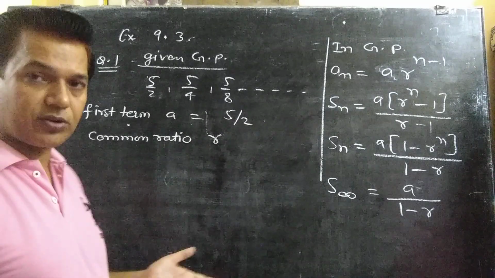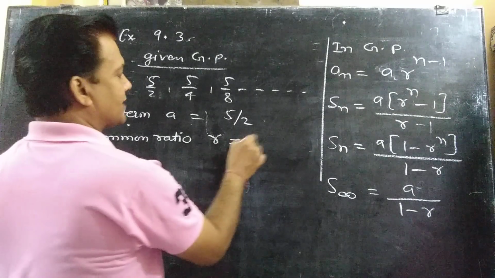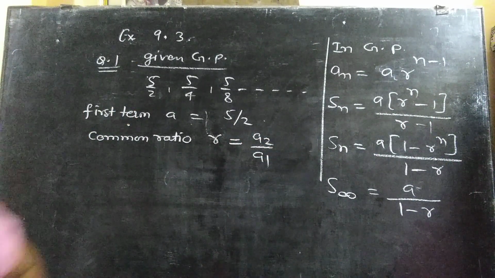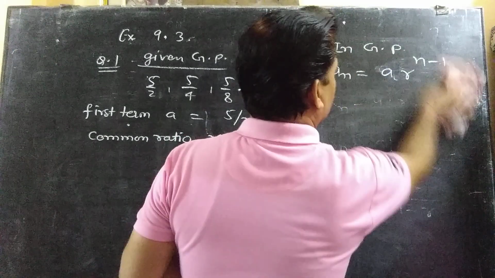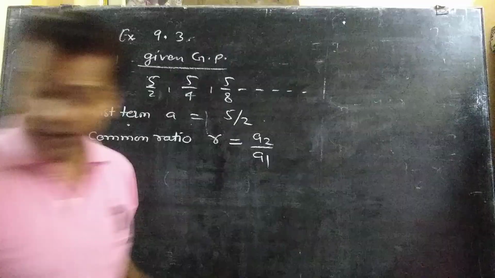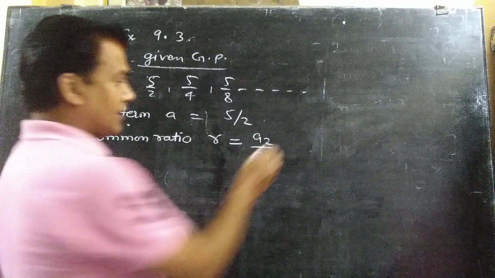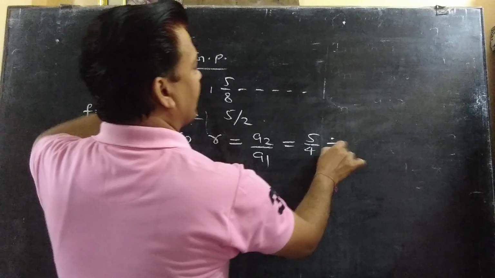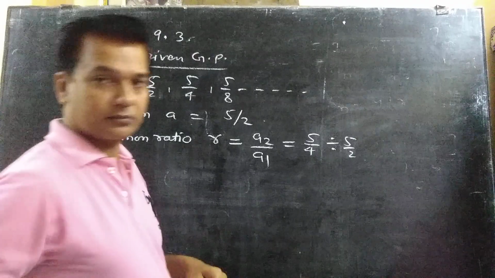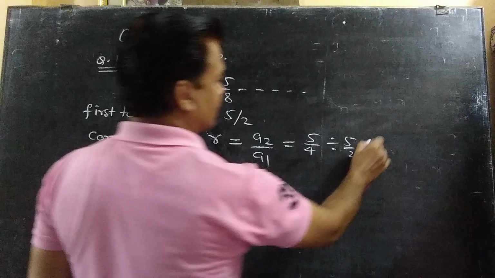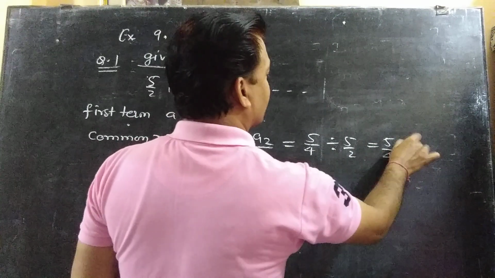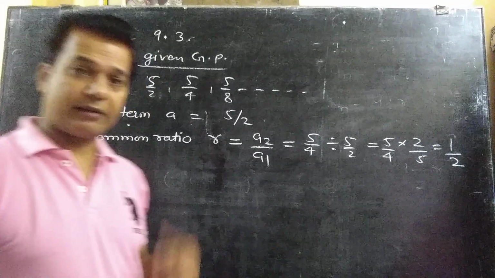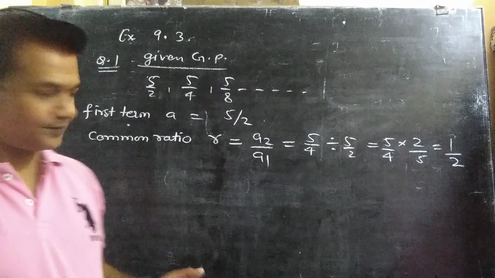And this common ratio r is calculated as a2 upon a1. इसके थ्रू अपन निकालते हैं. अब a2 upon a1 में क्या चीज आ रही है? Let's see here. The a2 is 5 by 4 divided by 5 by 2. We are making the reciprocal of this one. 5 by 4 into 2 by 5, that is 1 by 2. So our common ratio is 1 by 2 here.